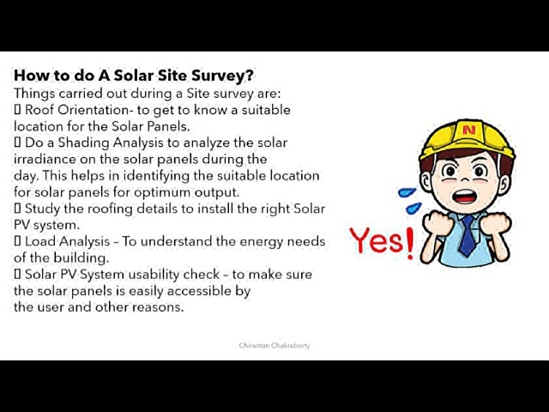Number 3, study the roofing details to install the right solar PV system. Number 4, load analysis to understand the energy need of the building or the consumer. And the last is a solar PV system usability check to make sure the solar panel is easily accessible by the user and other regions.